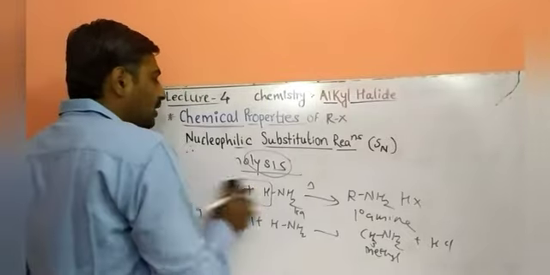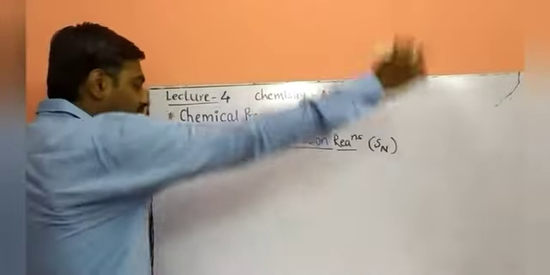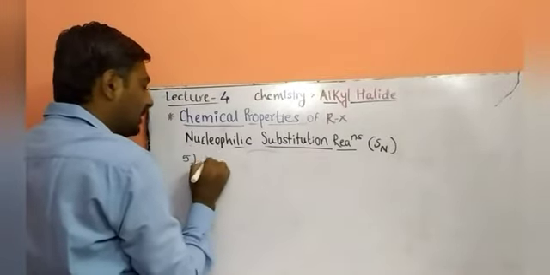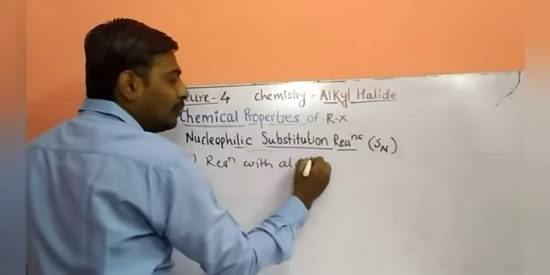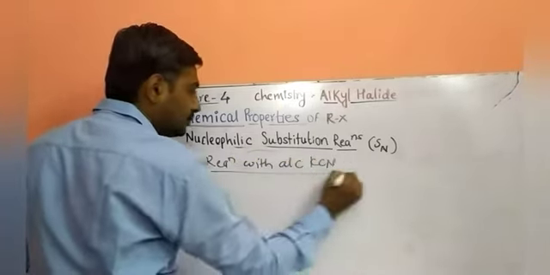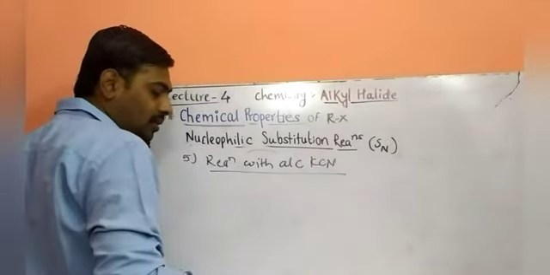Next to this, reaction number 5. Reaction with alcoholic potassium cyanide. So what is potassium cyanide? KCN, potassium cyanide.